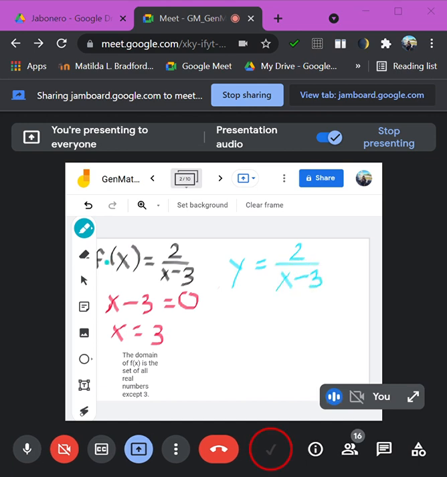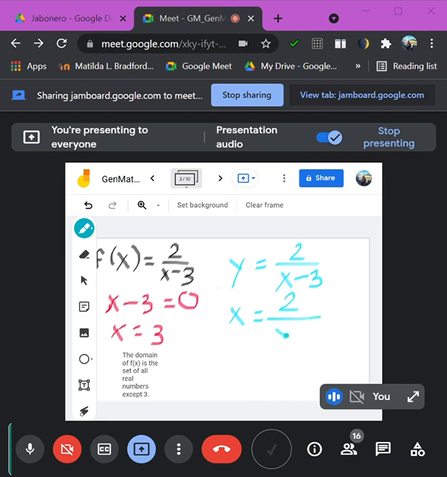To get the value of y, we are going to do the inverse. We interchange the positions of x and y, so it becomes x is equal to 2 over y minus 3.